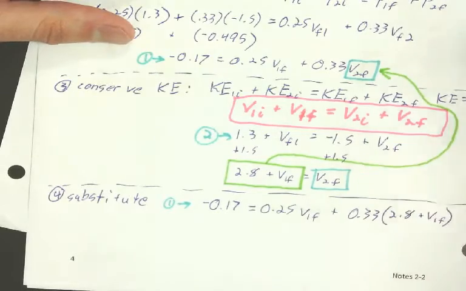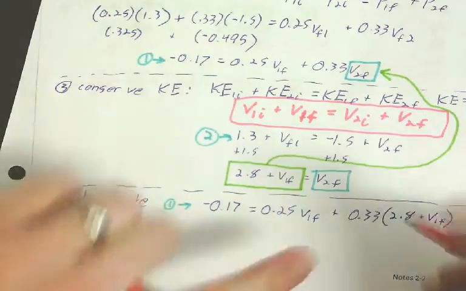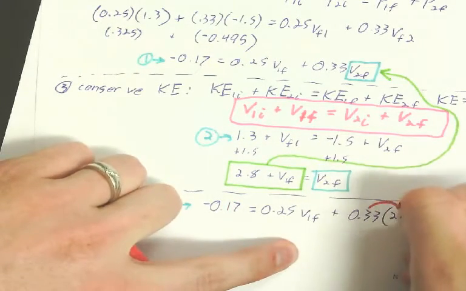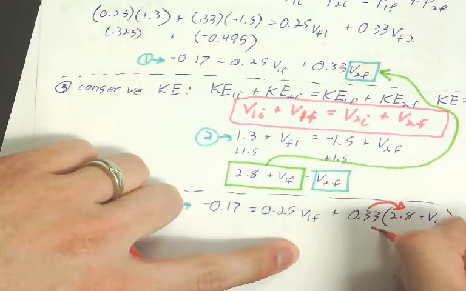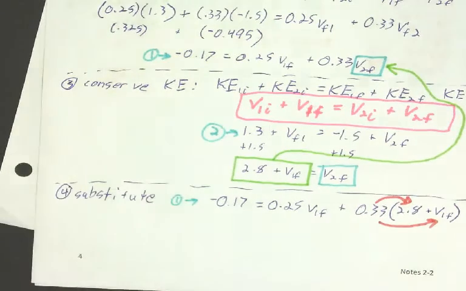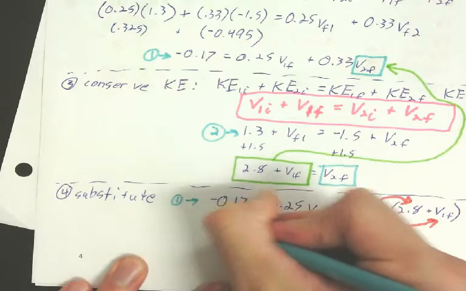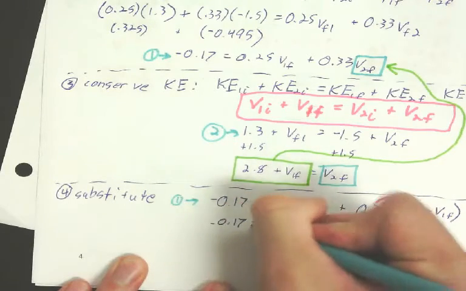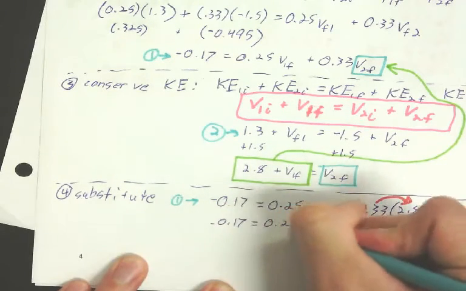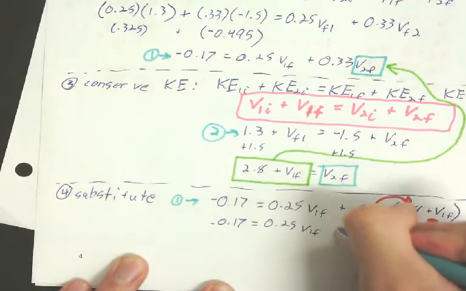And now we're going to do your favorite mathematical thing. We're going to distribute 0.33 times this, 0.33 times that. That's going to give me negative 0.17 equals 0.25 V1 final plus.